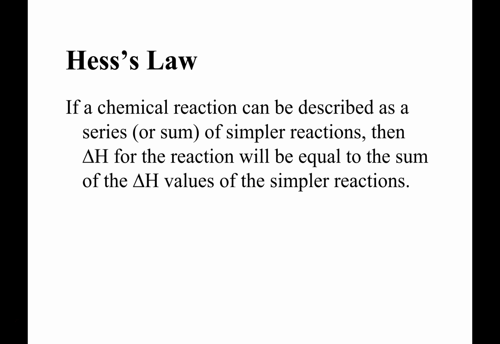That's kind of how that works. The simpler reactions it's referring to are 1 through 5. It could be 2, it could be 4, it could be 20. But for people who like playing with puzzles, these are your puzzle pieces, and this is what you need your puzzle to look like.